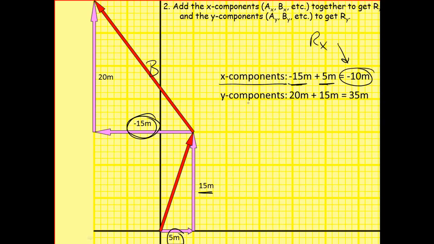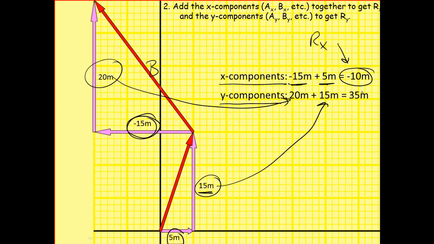Our y component is where we take the vertical components of both of our vectors. In this case, the 20 meters and the 15 meters, and that's how we get 35 meters, or our R sub y. That's called our resultant y or vertical component.